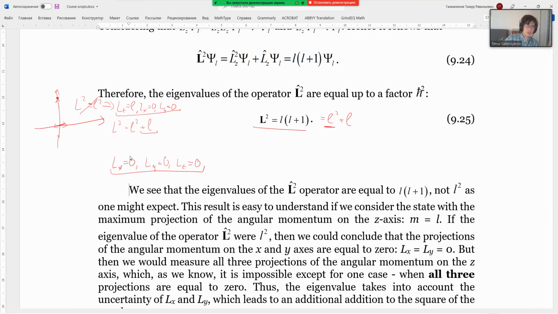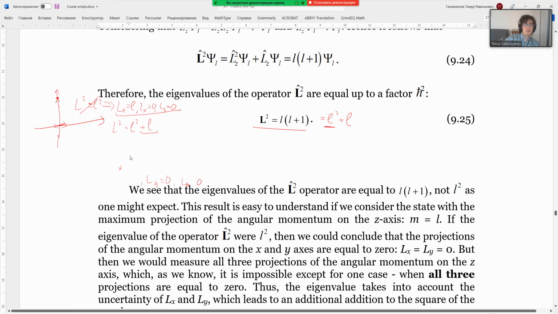However, there cannot be a state where you can measure one projection of angular momentum equal to some m, and the other two equal to 0. There cannot be such a state.